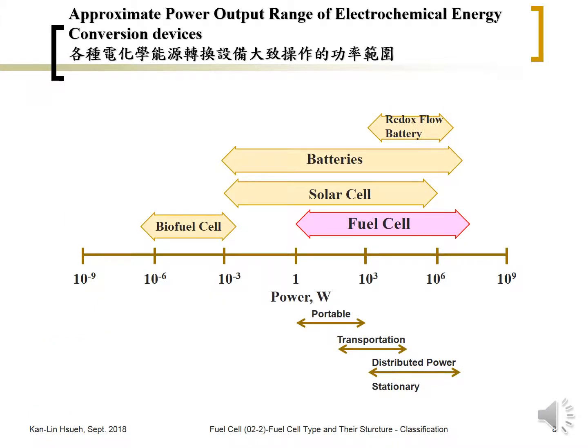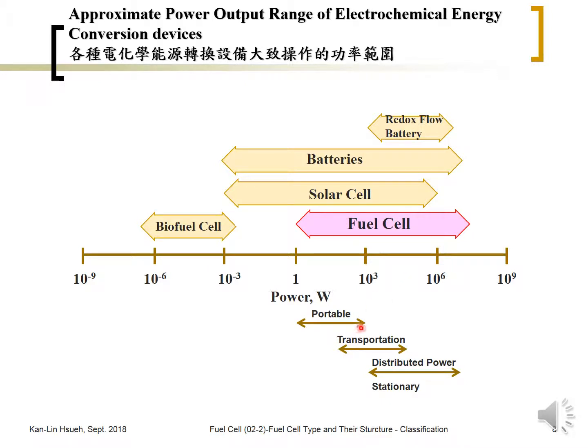There are different kinds of electrochemical energy conversion devices, and I show their operating power ranges on this diagram. The fuel cell ranges from 1 watt all the way to megawatts, depending on use for portable, transportation, or distributed power.